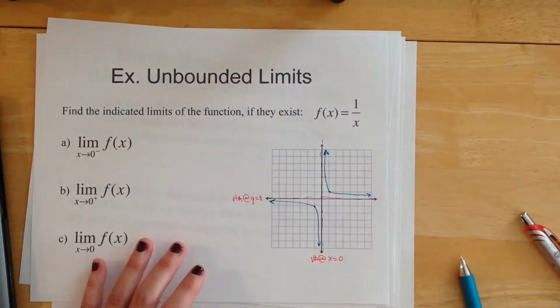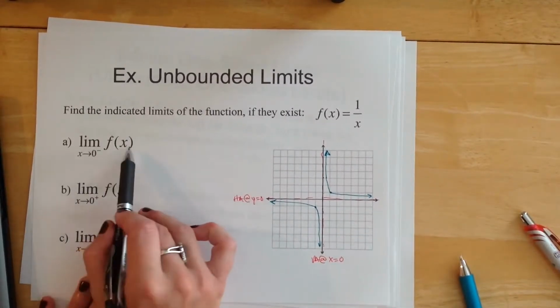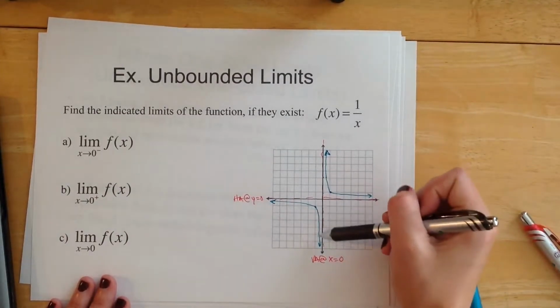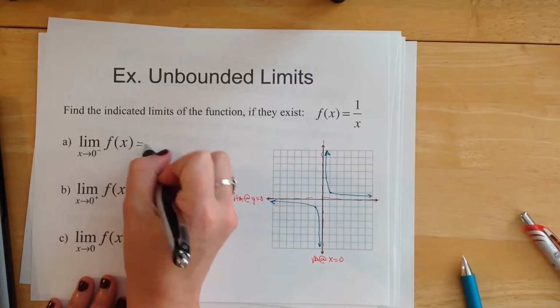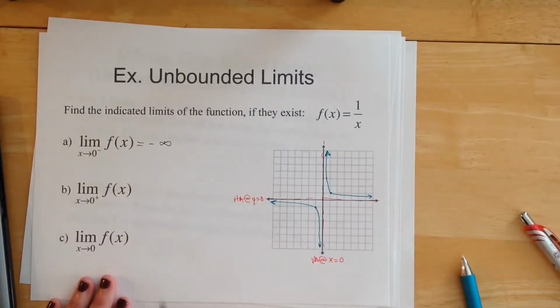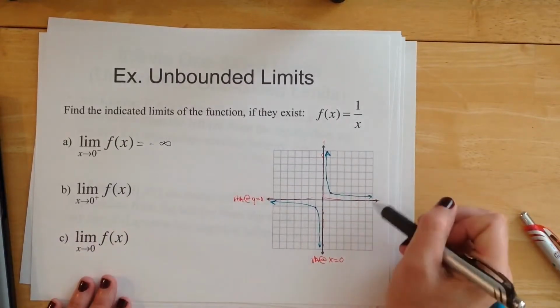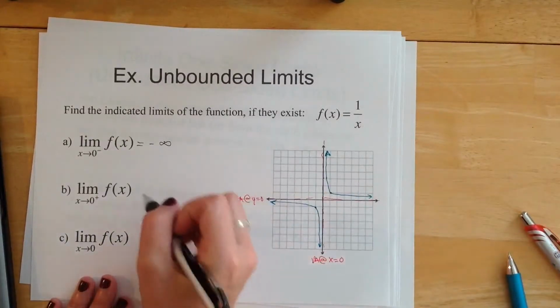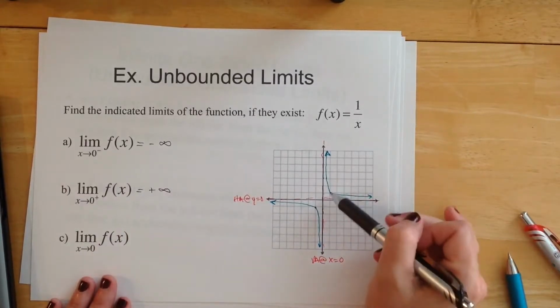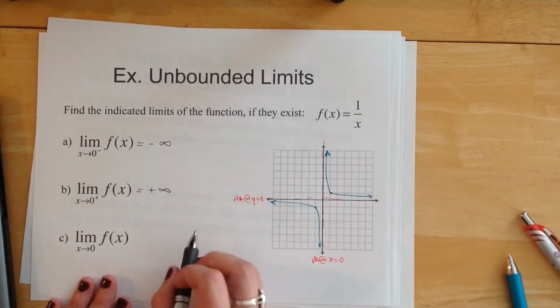Okay, so the limit of the function as x approaches 0 from the left is negative infinity, because our y values are decreasing without bound. As x approaches 0 from the right, we say our limit is equal to positive infinity because the y values are increasing without bound.